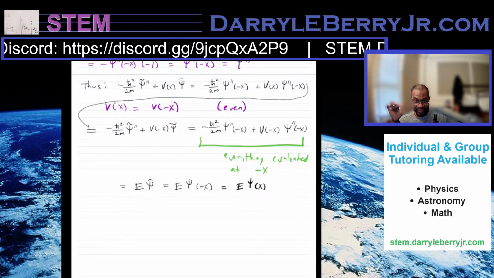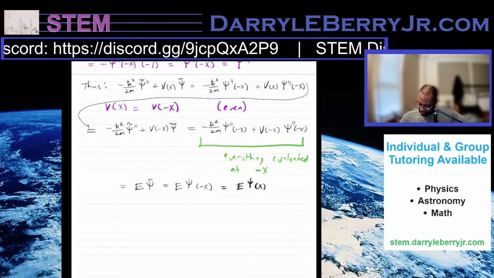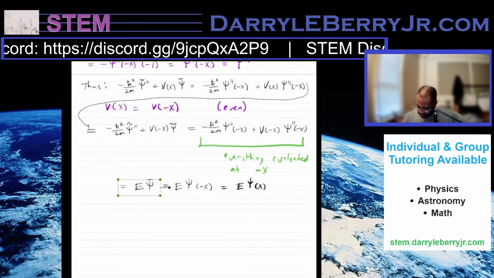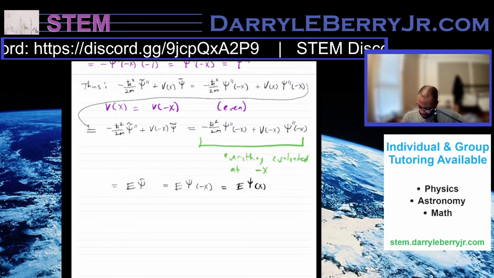So E psi of negative x, E psi of x, and E psi tilde of x. Yeah, so they're all equal.